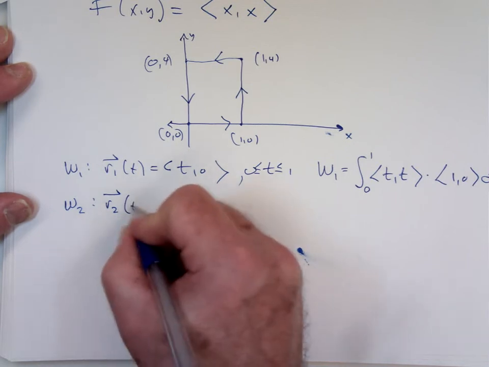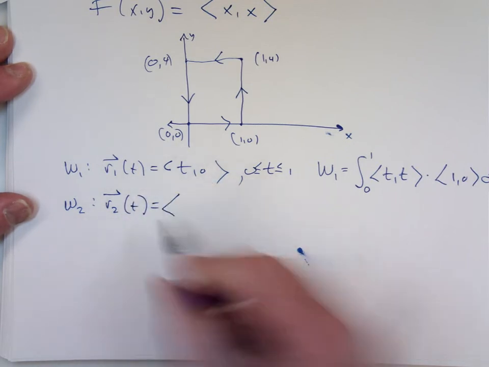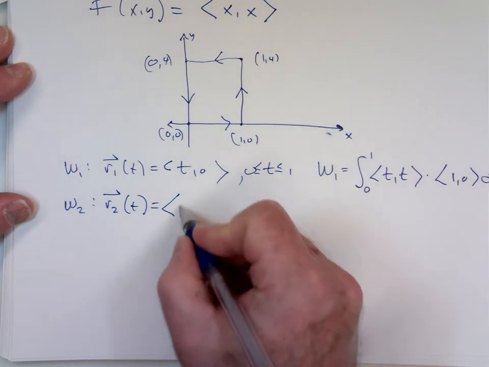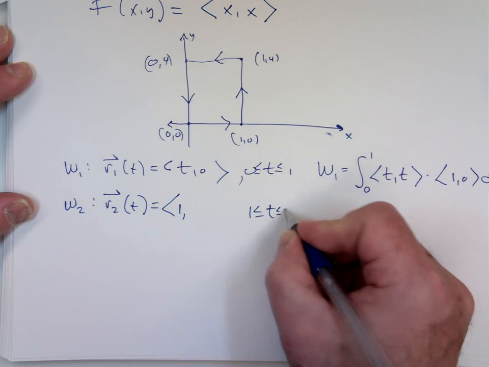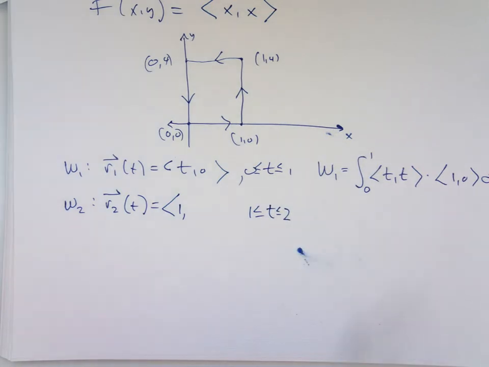Second, we're going this way. Now, I want t going from 1 to 2. And this is how I'm going to do it on the test. I'm going to say find the parameterization. You don't actually have to write out the parameterization, but you do have to find the work.